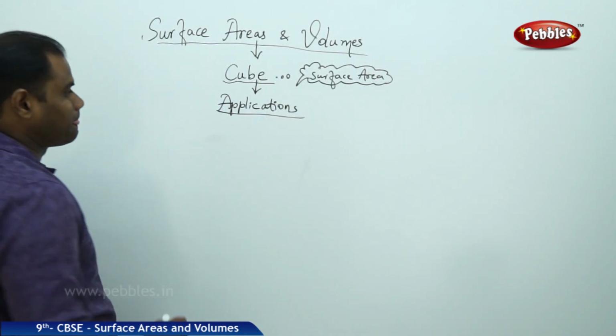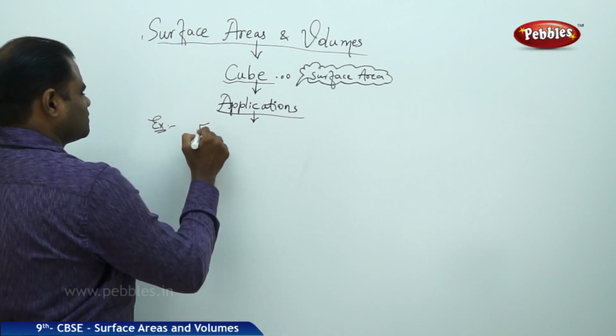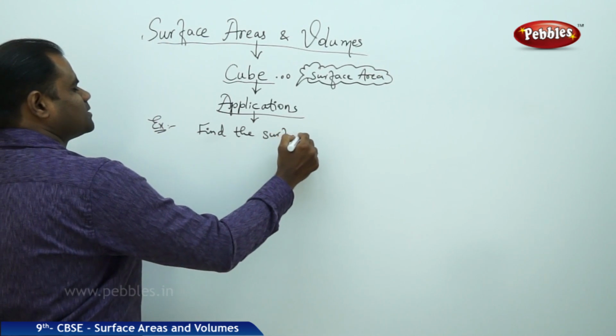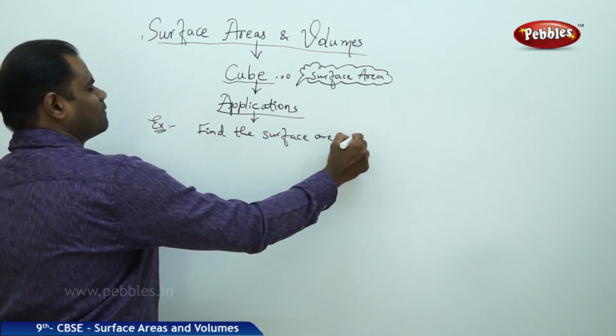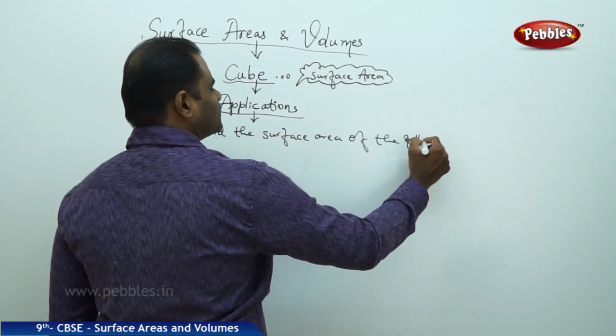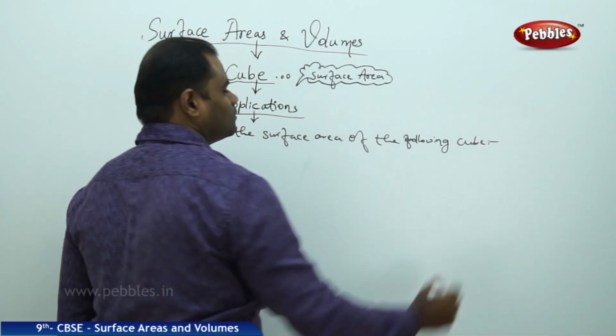Now here I have a question which says, find the surface area of the following cube.